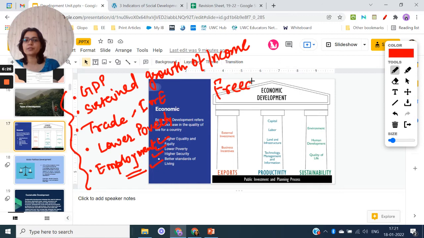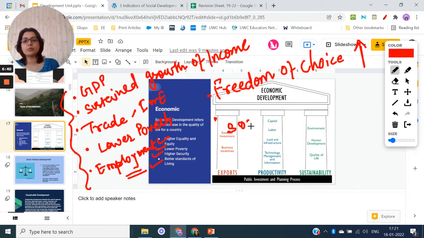Freedom of choice may increase over there, right? First point. Second point, you may have social mobility, right? It may be in terms of industrialization, it may be in terms of urbanization, it may be movement within the country or movement even outside the country also.